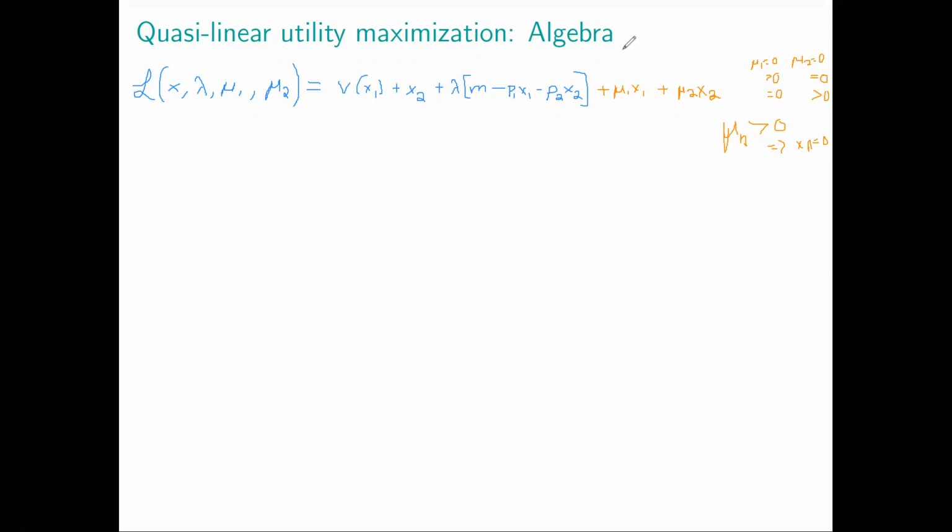So what I'll do is write down the first order conditions, and then we'll need to break up our solution into cases, basically. And we're going to assume some additional things along the way, but these won't be anything too horrible, hopefully.